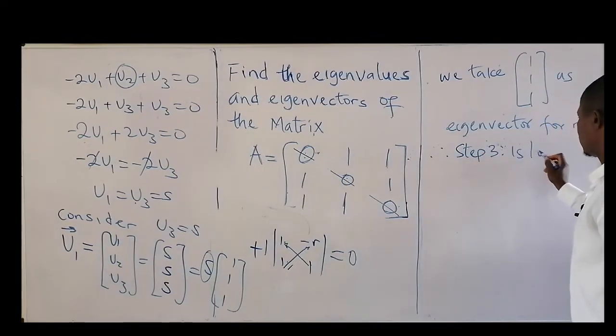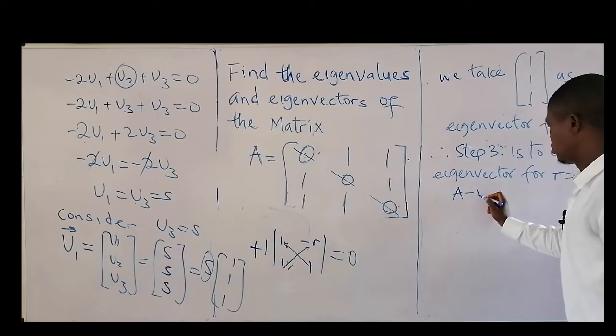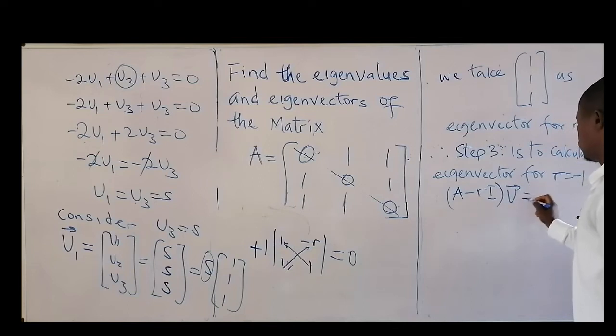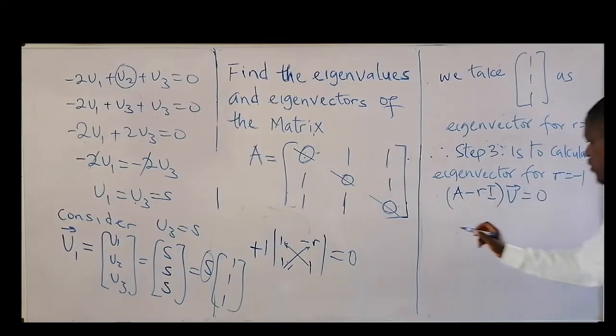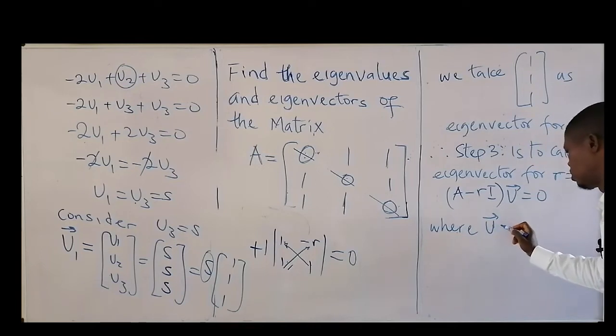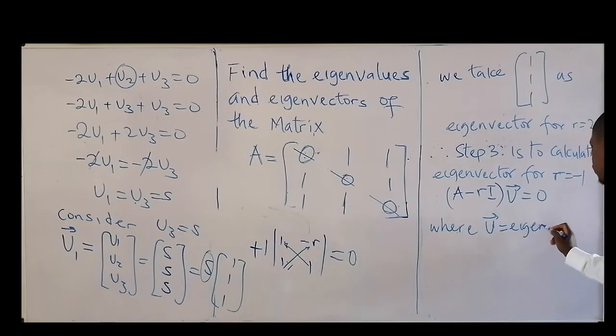Step 3 is to calculate using this expression, where this symbol is an eigenvector, and this one is the eigenvalue.